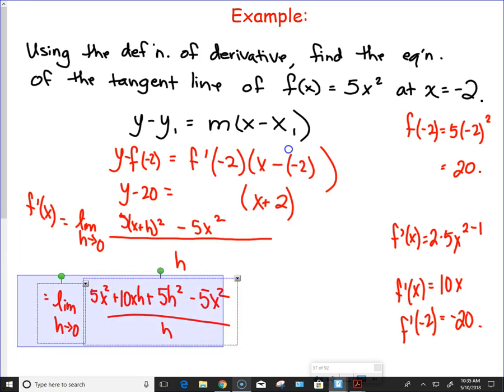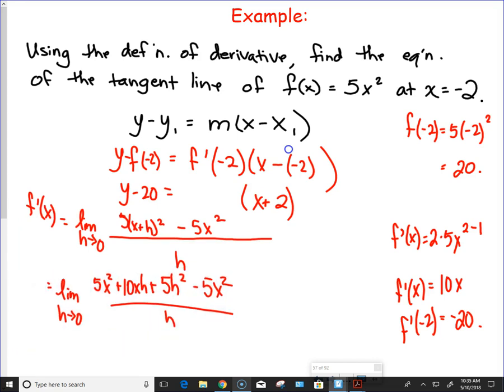Then I went ahead and FOILed, distributed the 5. What's really cool is at this point I can go ahead and cancel out. Then I could go ahead and pull out that h. Keep writing your limit. You haven't done it yet. I have 10x plus 5h all over h. The h is reduced. I plug in 0. I get 10x as my derivative.